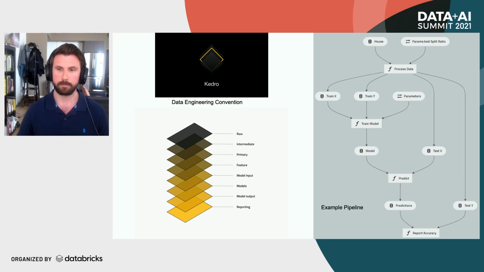reports. So on the right-hand side, we have an example of this directed acyclic graph that Kedro provides. And you can see that at the top, we start with a data set and some parameters. That goes into a function called process data.